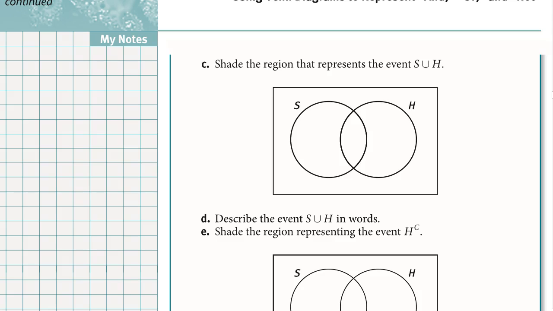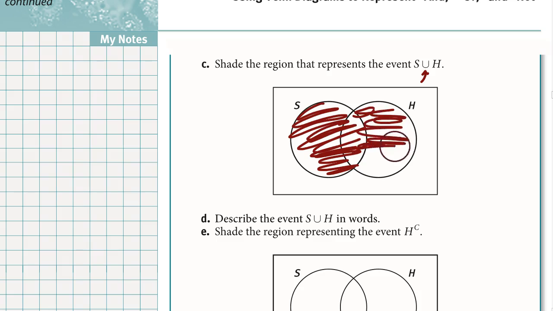Now go to question C. Shade the region that represents the event S union H. I'll pause the video for you to do that. This time you needed to shade in everything that's in both of the circles. This represents finding the students in the school that are in soccer or they're on the honor roll.